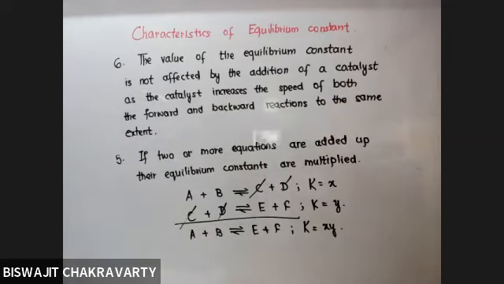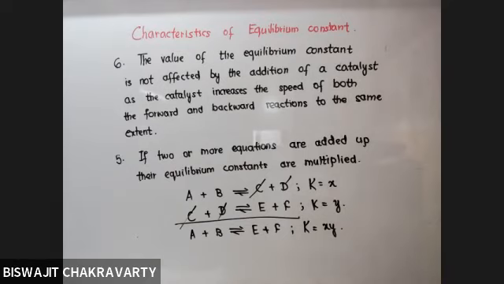So we know that whenever we add any catalyst it speeds up the reaction. But why does the catalyst have no effect at equilibrium? Because both the forward and backward reactions are affected to the same extent. When you consider the forward reaction, that is affected, and equally the backward reaction is also affected to the same extent.